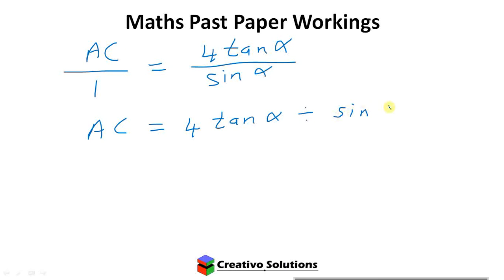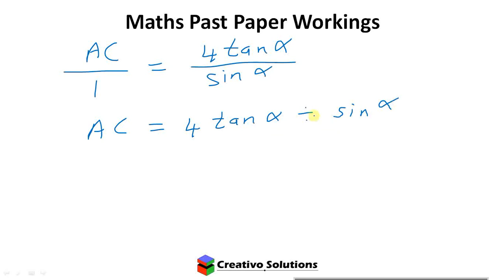Where did you get sine alpha from? BC. From sine rule. Opposite of BC is alpha. Sine alpha. Yes, because that's sine rule. Okay, so I'm dividing by sine alpha.